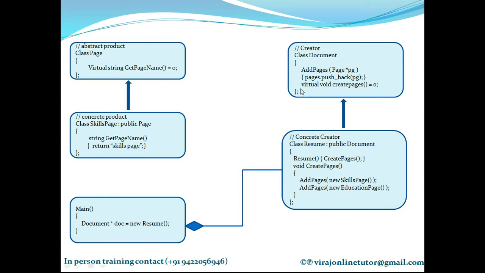The reason it's an abstract creator is because I have a pure virtual function called create pages. And then I have a concrete creator which is inheriting from creator. So class resume is inheriting from document. And what exactly am I doing here? In create pages I am calling add pages and I am creating new skills page, new education page. So you can do all new of required classes here.